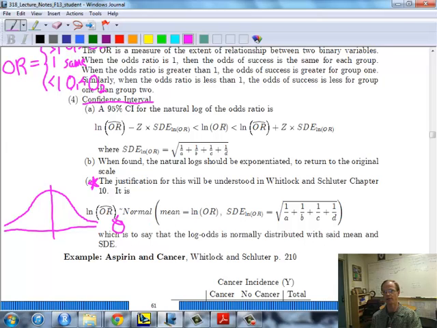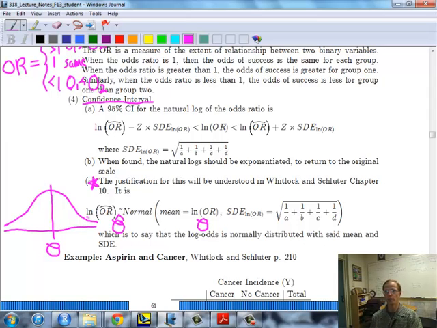I'm going to put a hat on for the estimator, and I will not put a hat on for the population parameter. The true unknown odds ratio is in the center of the curve, and then the sample odds ratio, whatever we get from a sample, if you were to take many of them, would fill out this bell-shaped curve. And it has a certain standard error given by this ugly looking formula.